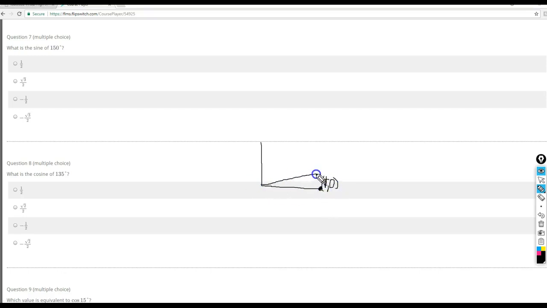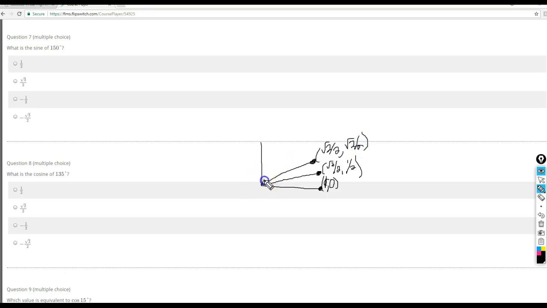At 30 degrees, the coordinates would be the square root of 3/2, 1/2. At 45 degrees, we have the square root of 2/2 and the square root of 2/2.